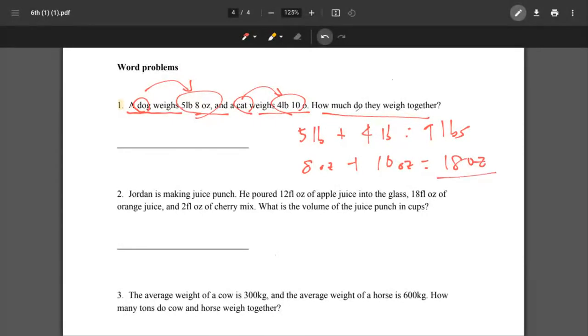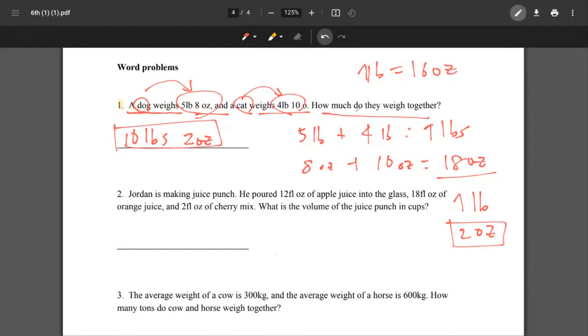Because 18 ounces is what? 1 pound and 2 ounces. Because 1 pound equals 16 ounces. Okay? So if we add 9 and 1, that's 10 pounds, and we're left with 2 ounces. Okay? So that's it.